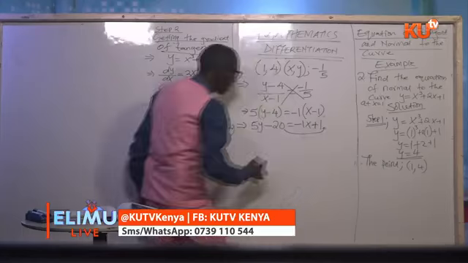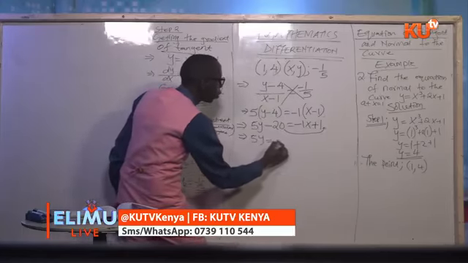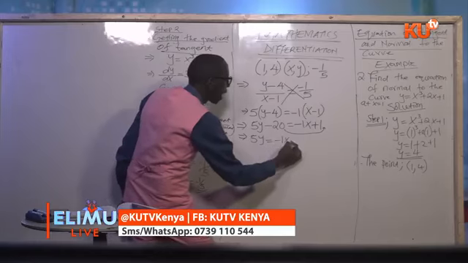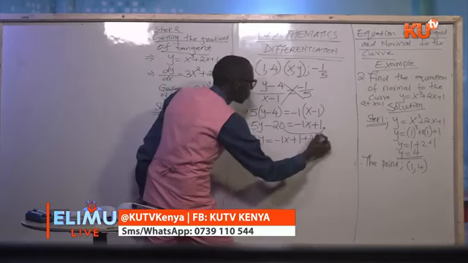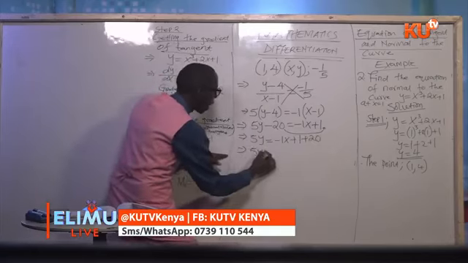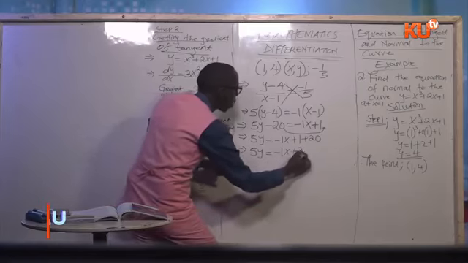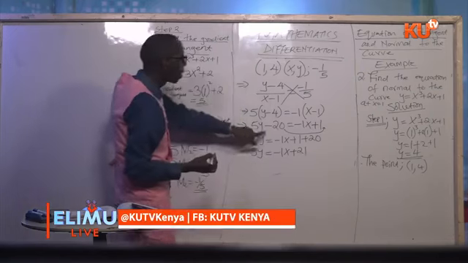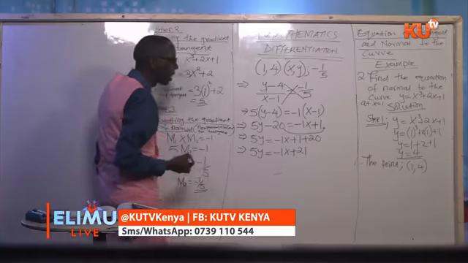We will have 5y is equal to negative 1x plus 1 plus 20. Then we have 5y is equal to negative 1x plus 21. Because it was negative, when it goes to the other side, it becomes positive.